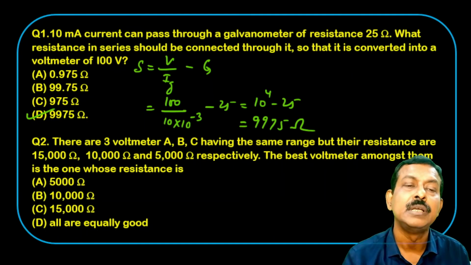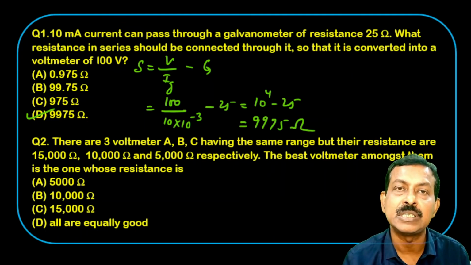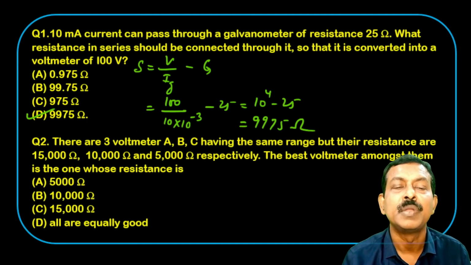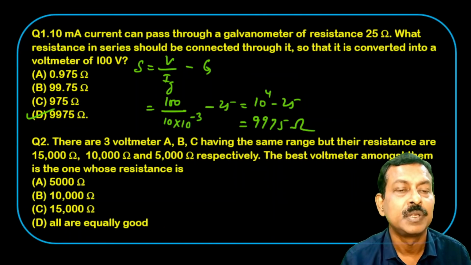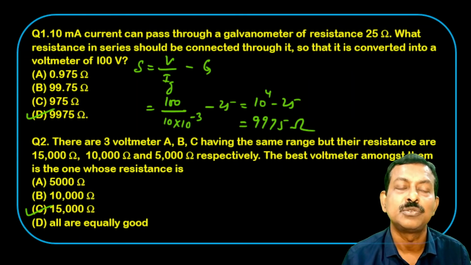So obviously the voltmeter with maximum resistance will be considered the best among the given ones. So here 15,000 is the correct one, and this is the correct option.